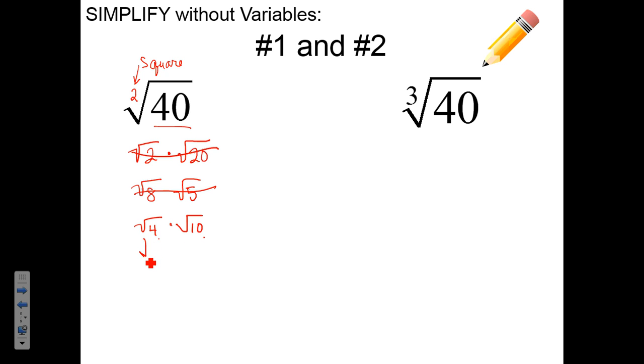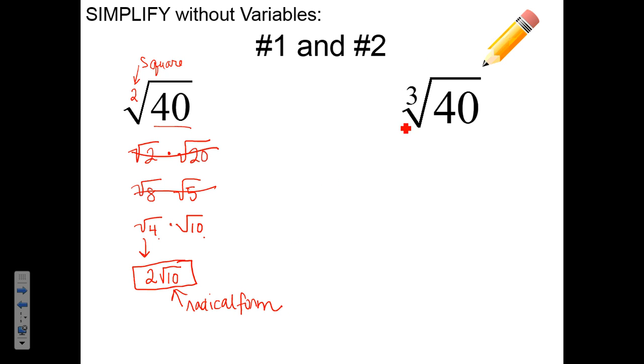The square root of 4 becomes 2, and the square root of 10 cannot be broken down because that makes a decimal, so we leave it as the square root of 10. So this would be 2 square root of 10. When I am simplifying radicals and I don't want decimals, I have to make sure that I leave it in radical form.